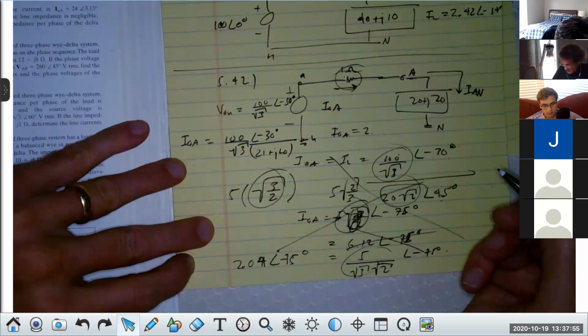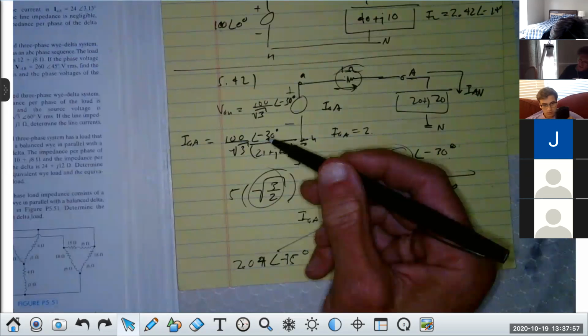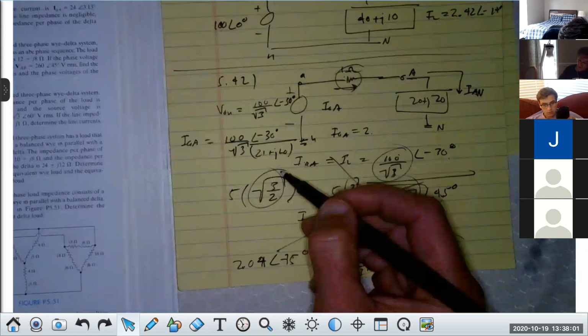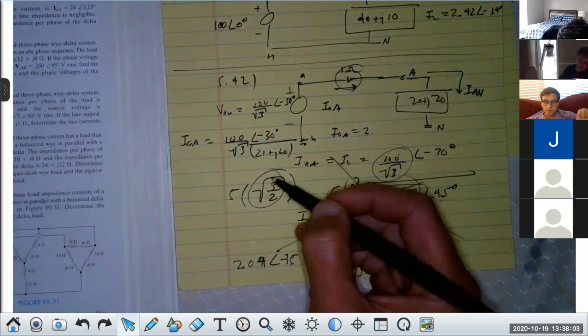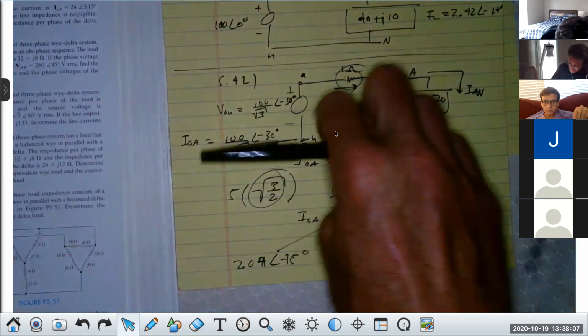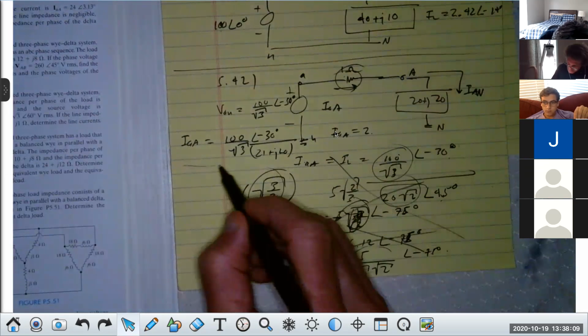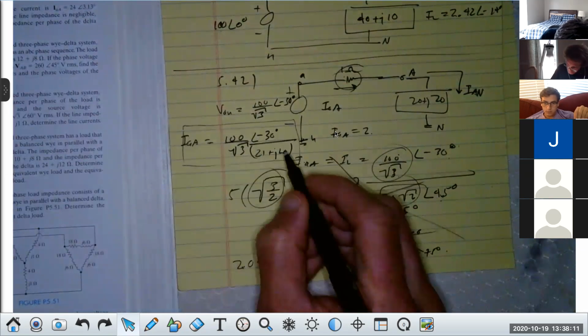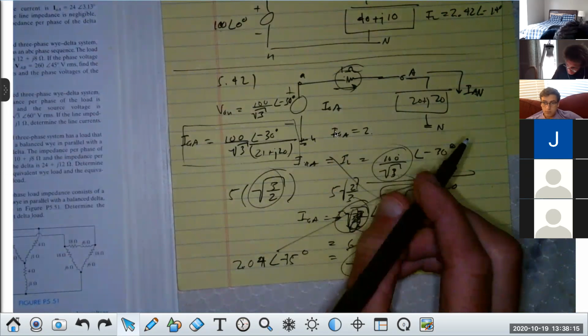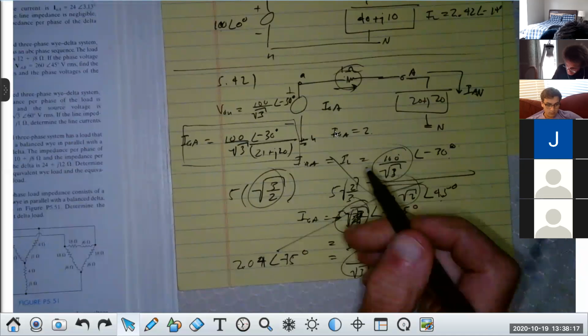All right. If you take 100 over square root of 3, this is the right equation. And Jessica, if you're looking there, you probably see this equation.